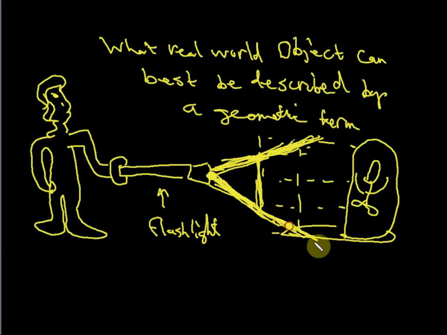What is it representing? Right? And if I draw an arrow, this will probably give it away. But this is a ray. So you see how you can apply this to the real world? I know it's a simple basic example of a flashlight, but hopefully that makes some sense. So if you said ray, you're correct.